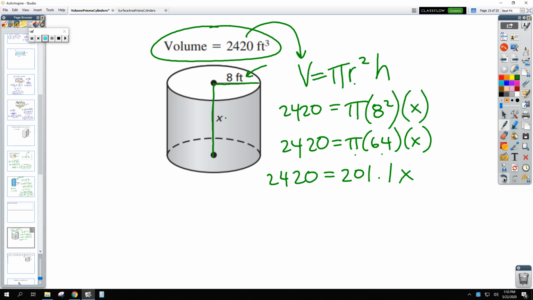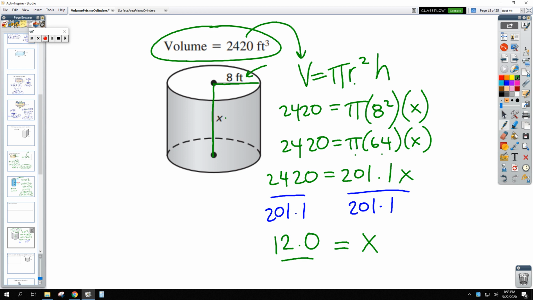So what do we do to solve for x? Let's divide out the 201.1 on both sides here. That'll give us the height of our cylinder, which is 12.03. I'm going to leave it as 12.0. It's the height. So how are we going to label this? The height of this cylinder is essentially 12 foot.